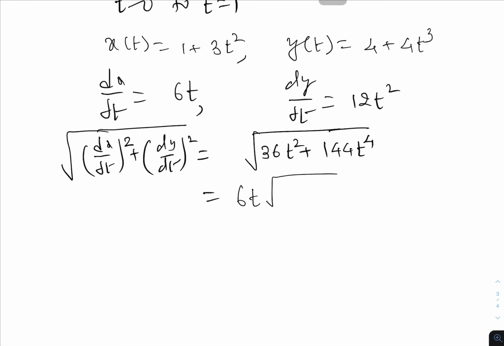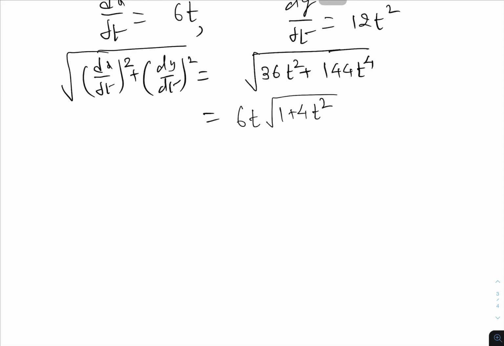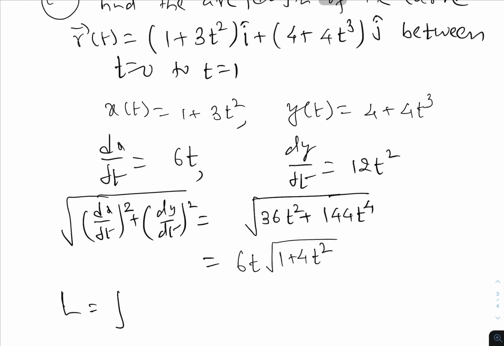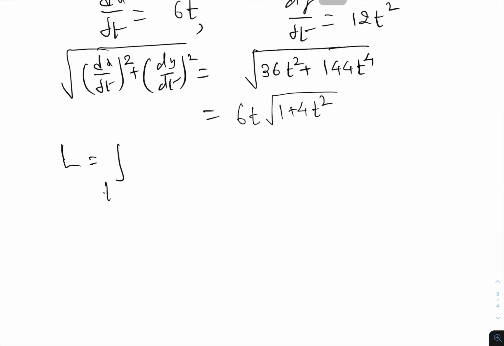Remaining here is 1 plus 4t squared. So the required length of the arc is the integral from t equal to 0 to 1 of 6t root of 1 plus 4t squared dt.